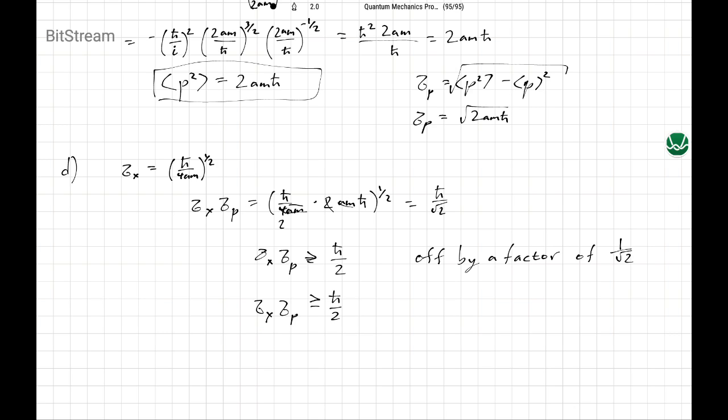So my result is within, possibly. My result, on the other hand, shows that sigma p, sigma x, instead of being h bar divided by 2, is h bar divided by something smaller than 2.